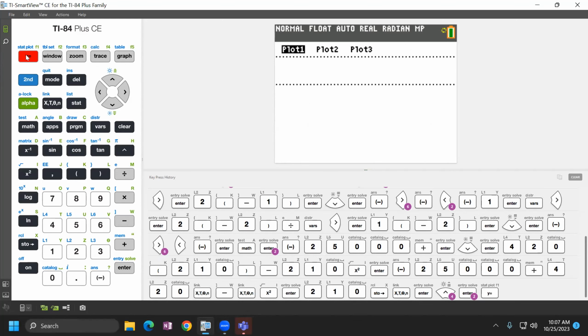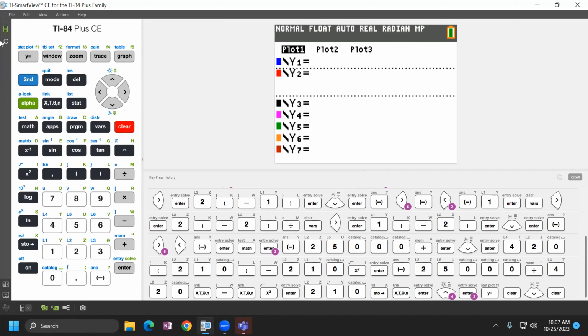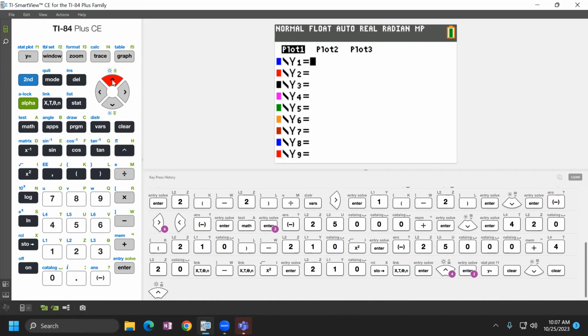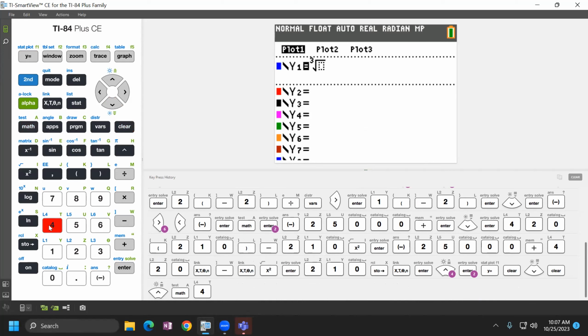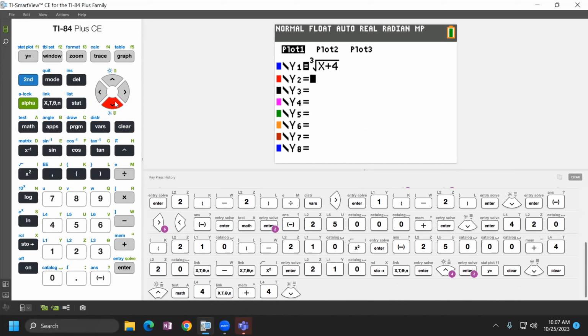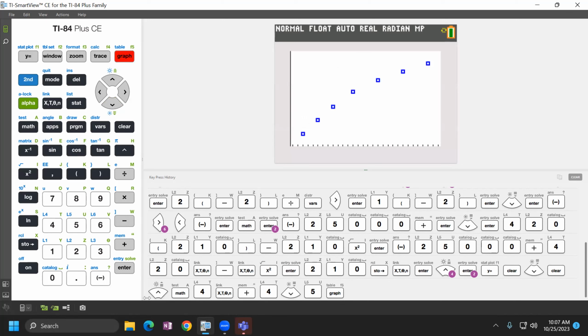I'm going to go to my y equals and clear out what I got in there. And I'm going to put in the cube root of x plus 4. You can find the cube root in your math menu, number 4. Or you can raise it to the 1/3 power. And then I'm going to put 5 in y2 and graph it.